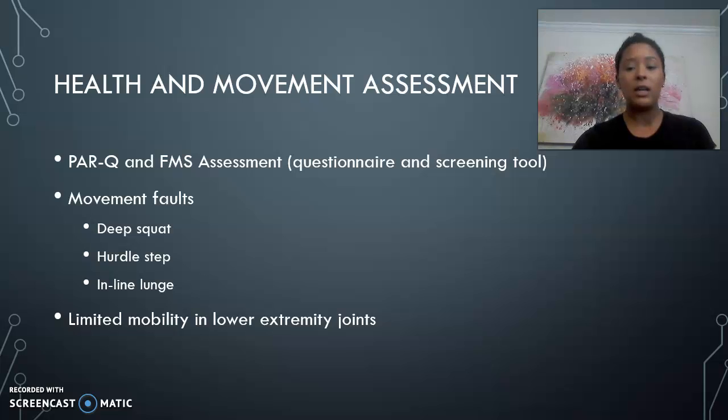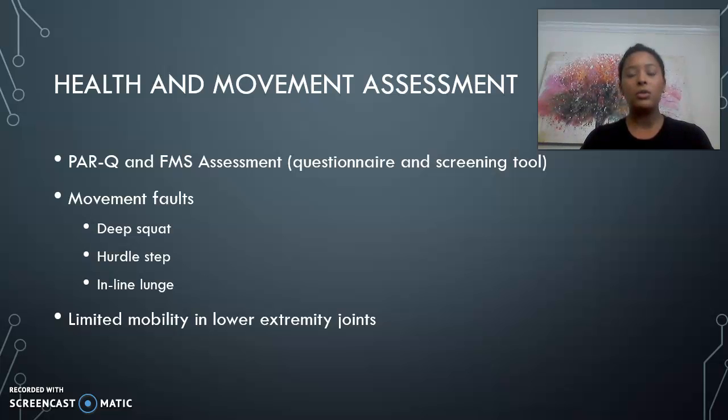The FMS assessment, on the other hand, was more of a screening tool. It allowed me to see his baseline for the movements that he was able to complete. Through that assessment, I was able to see some of the faults that he has with some movements. Some of the movement faults were pertaining to the deep squat, hurdle step, and inline lunge.